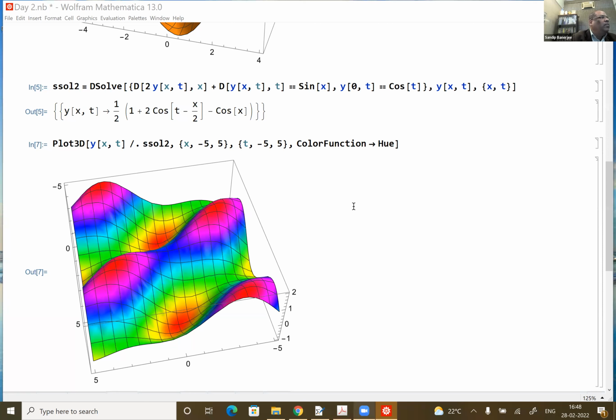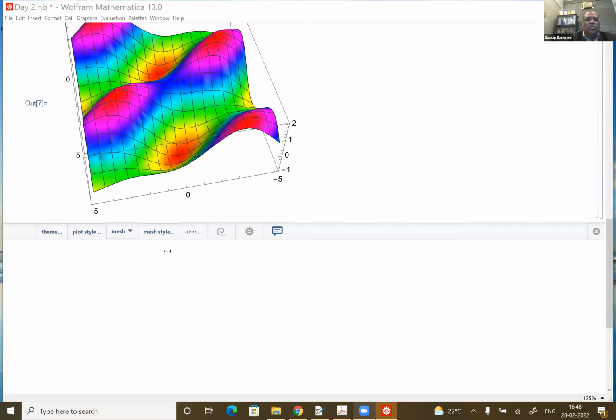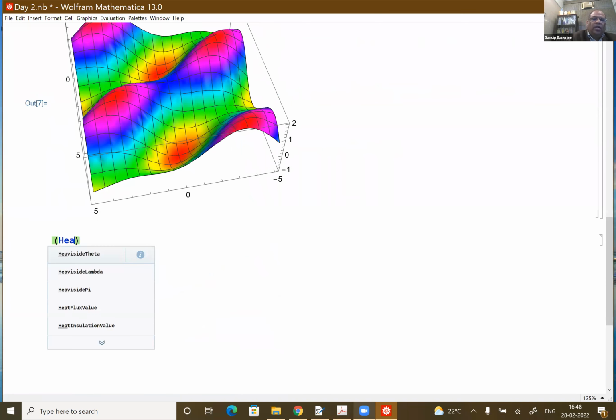Let me see. So let's try the heat equation.